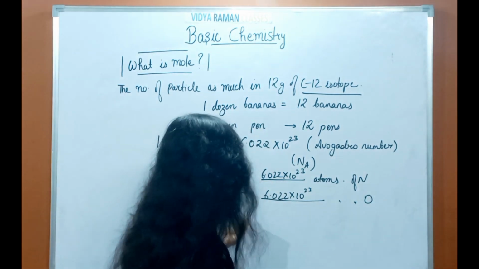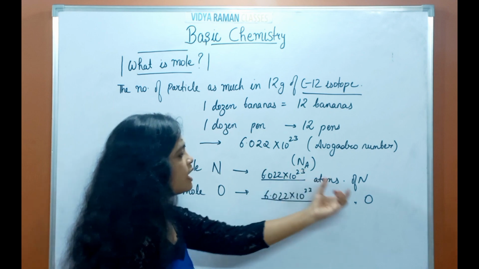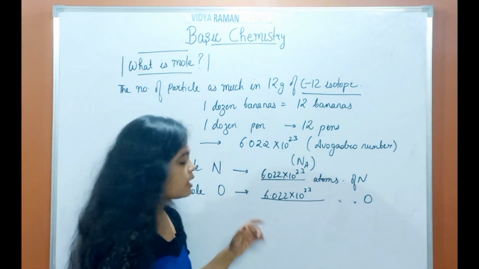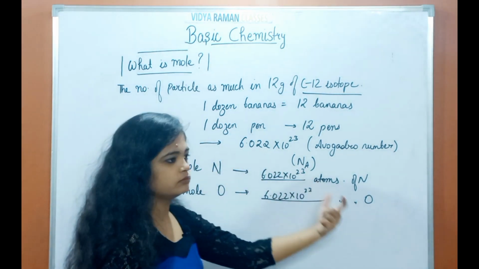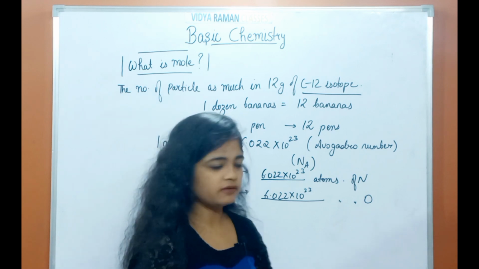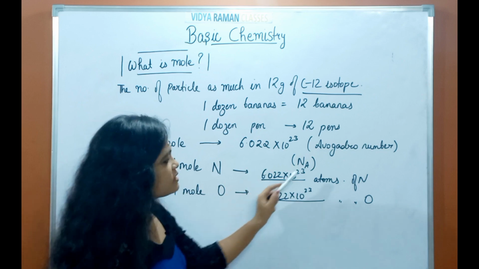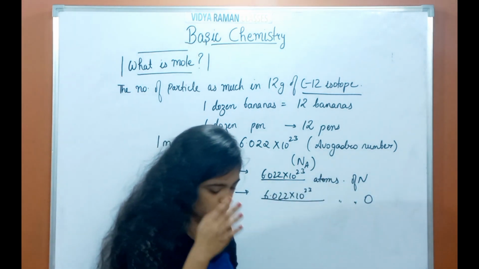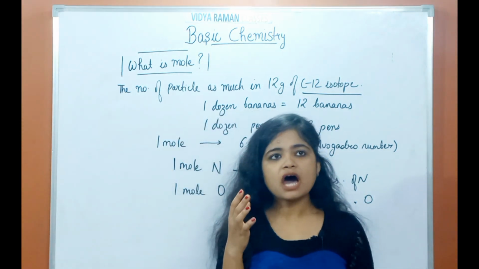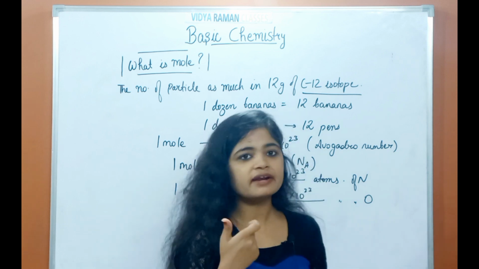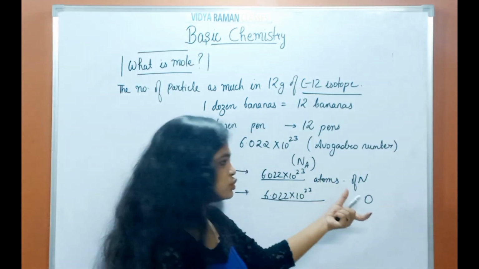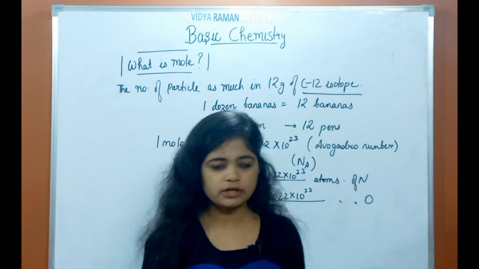But now I was talking here about only the atoms. I am not talking about N2, O2, CO2 and so on. So 1 mole of nitrogen contains this many atoms of nitrogen. But now the question arises, how will I weigh? What is the relation of this many nitrogen atoms with the mass of nitrogen atoms?